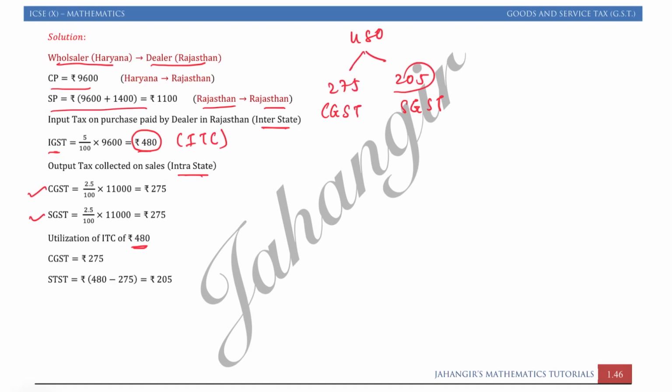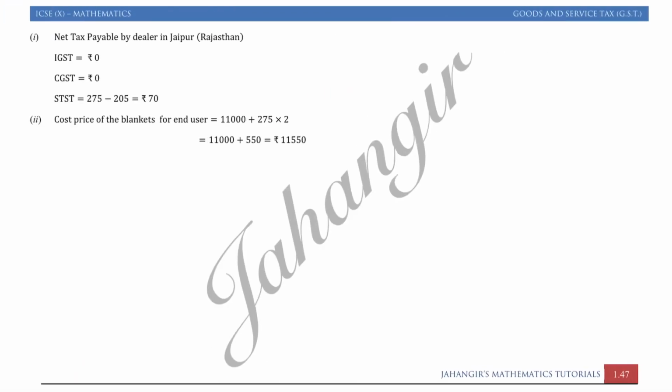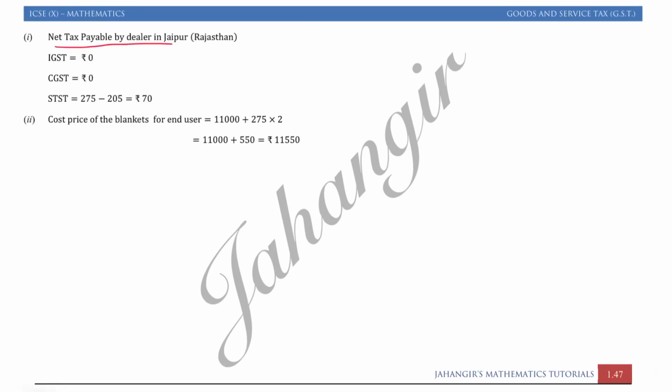Since we have to pay rupees 275 as the final output tax, the net tax payable by the dealer in Jaipur is 0 for IGST, 0 for CGST, and SGST is the adjustment of what we are getting.